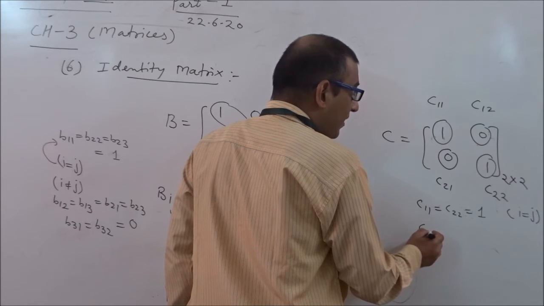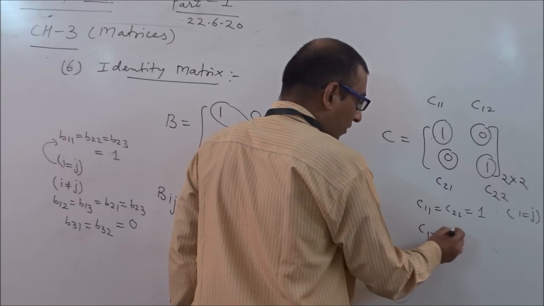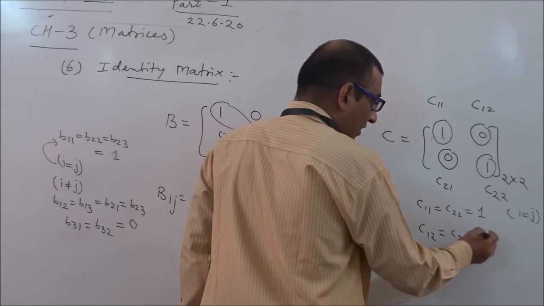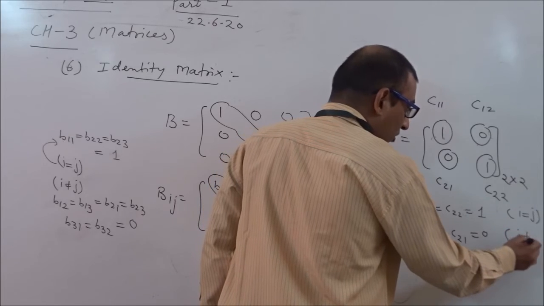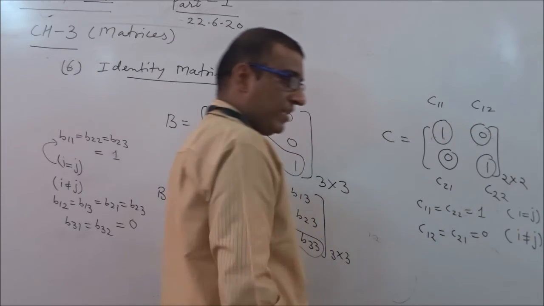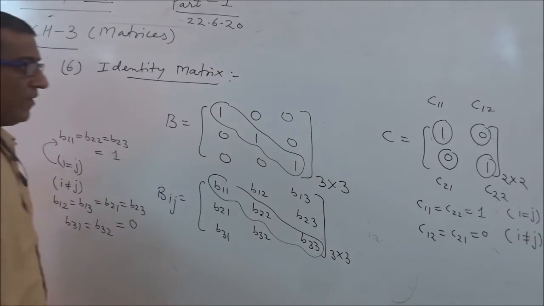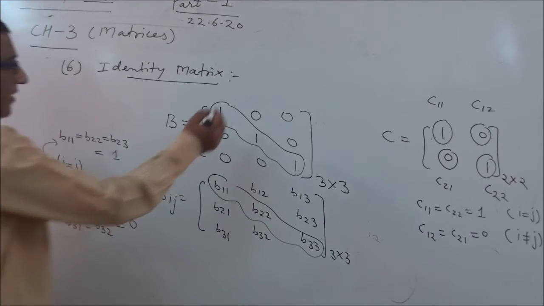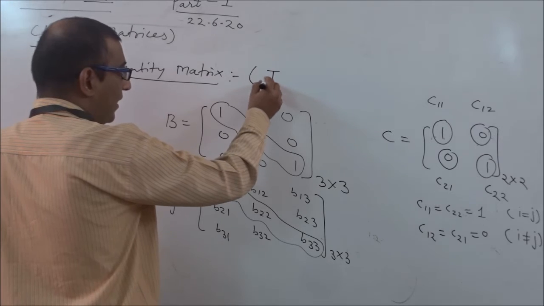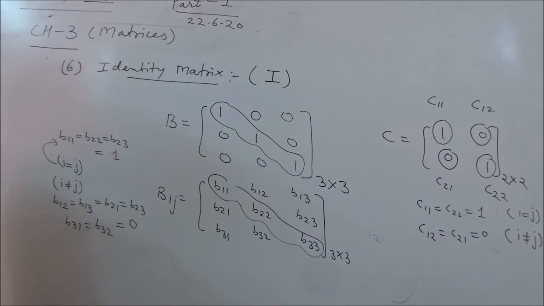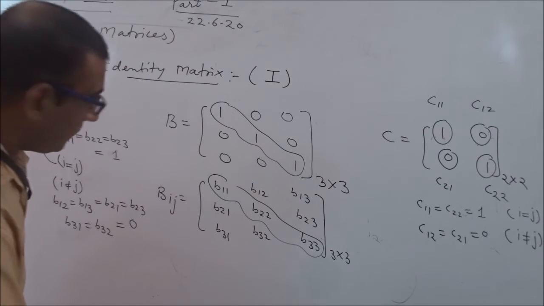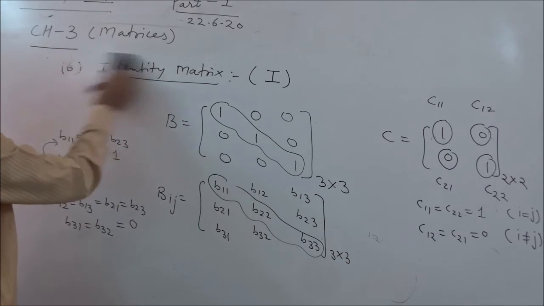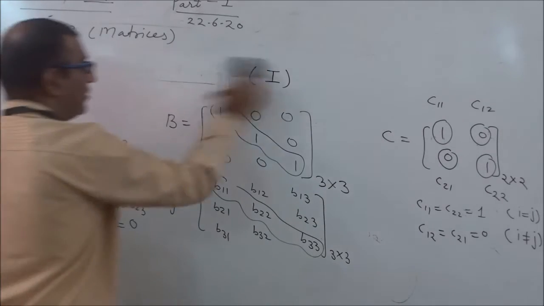And here C12 and C21 are equivalent to 0 because i not equals to j. So such type of matrices are known as identity matrix, and identity matrix is also denoted by capital I, and another name of identity matrix is unit matrix also. Now we will come to the last matrix, that is known as zero matrix.